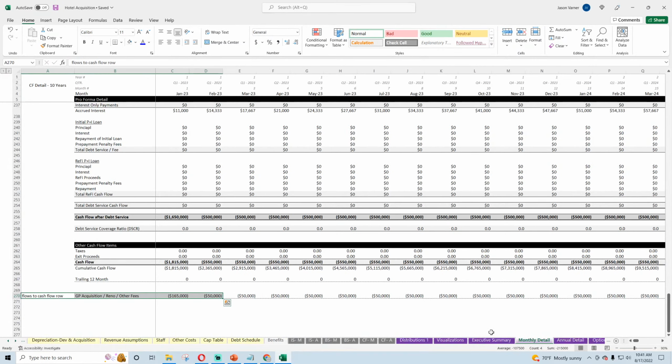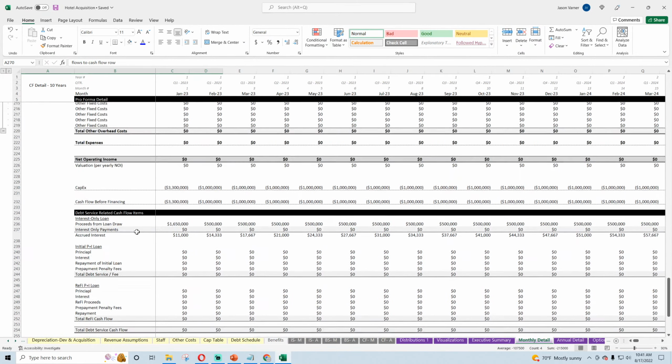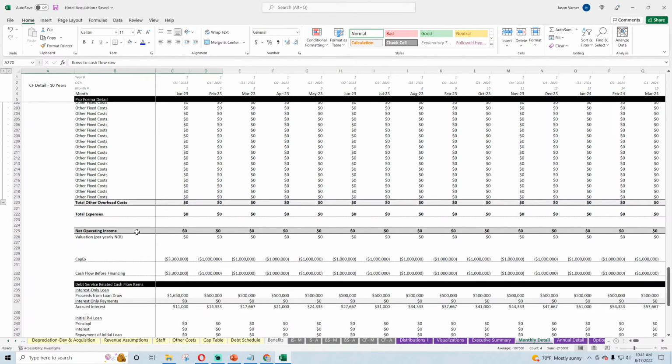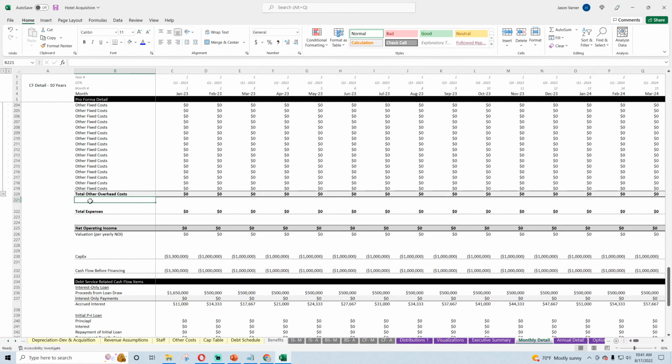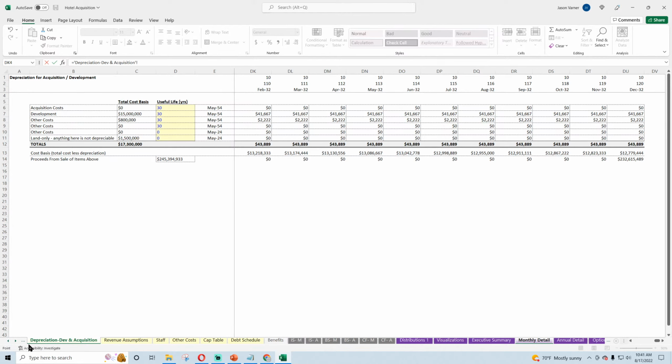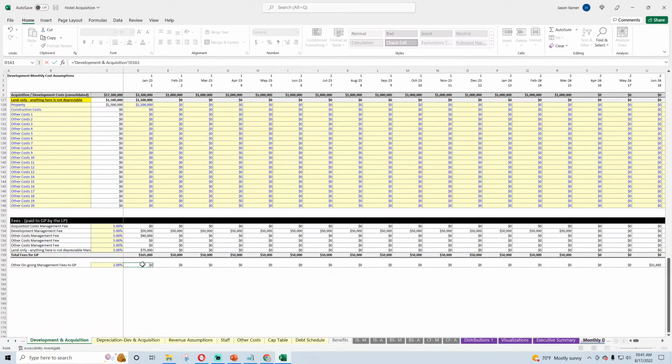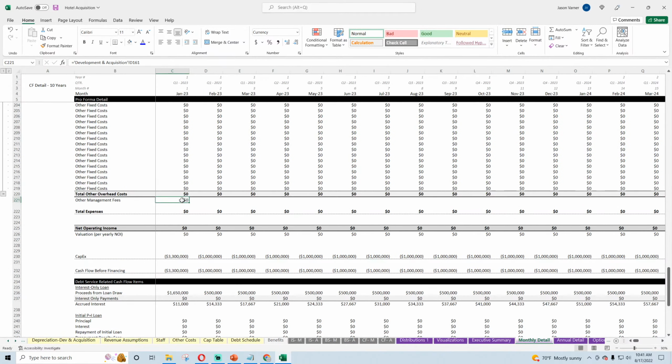Now, if we go over here to the monthly detail, we need to put that into, we'll put it right above total expenses. So that goes in here. Now, it's tricky if you don't do this a lot. It's easy to run into a circular reference error.